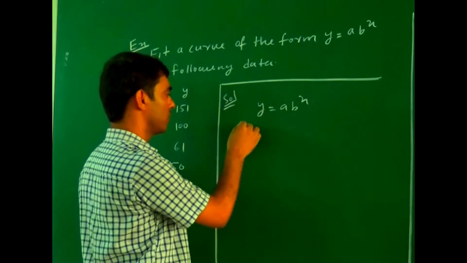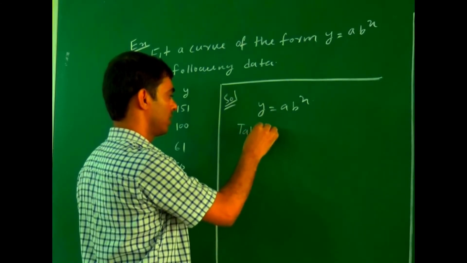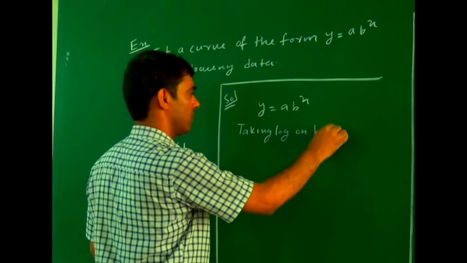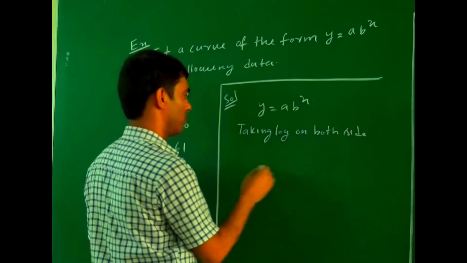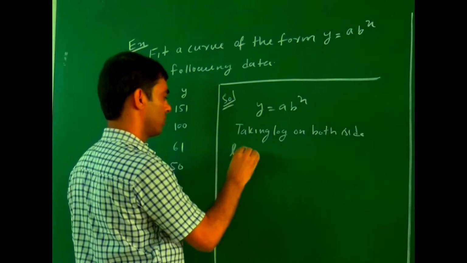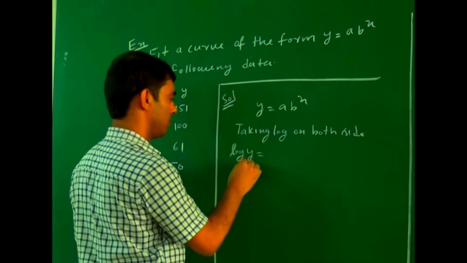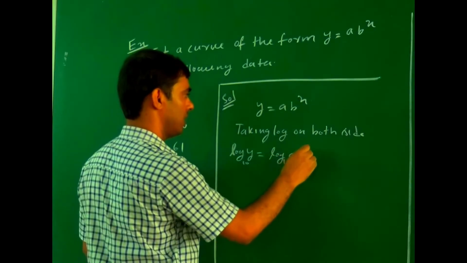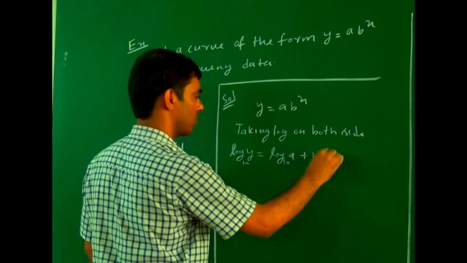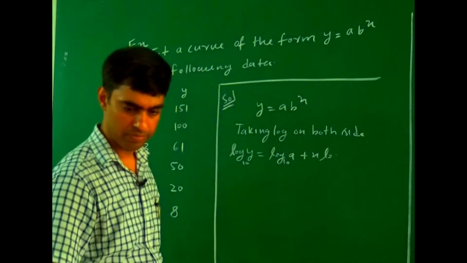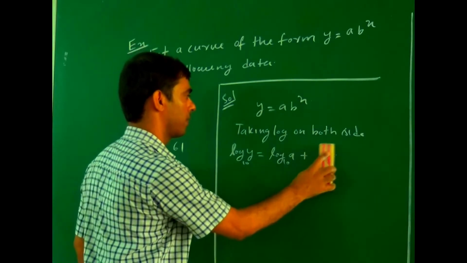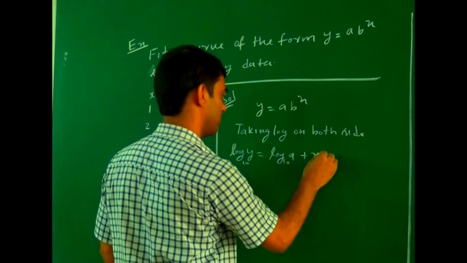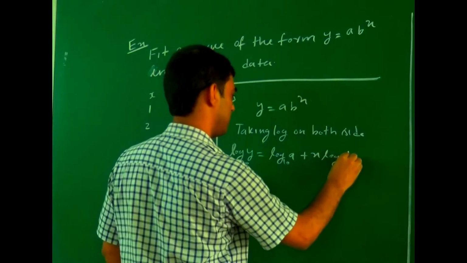Taking log on both sides, log y equals, taking base 10, log base 10 a plus x log base 10 b.